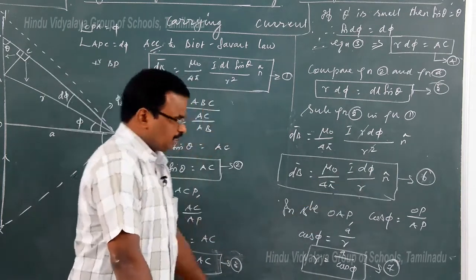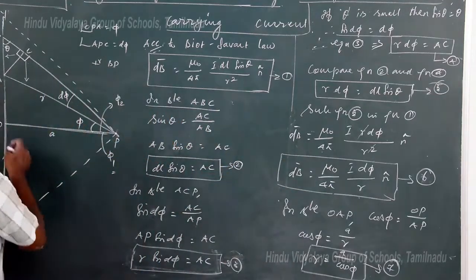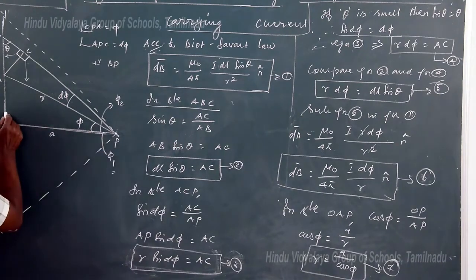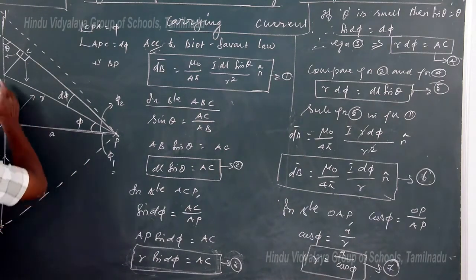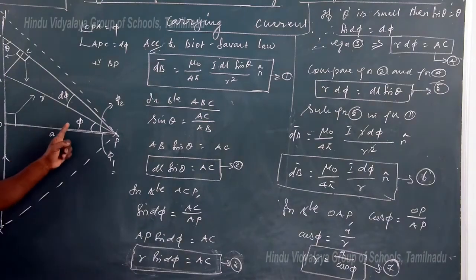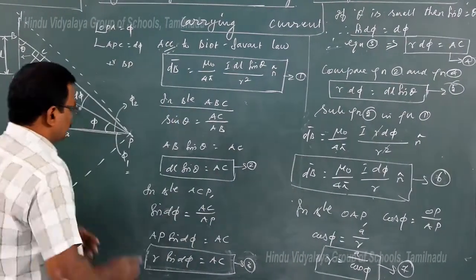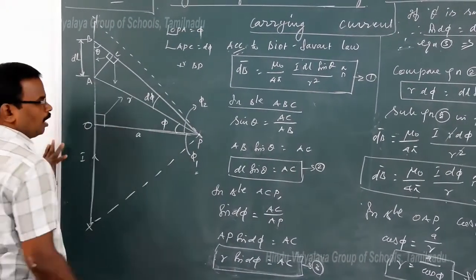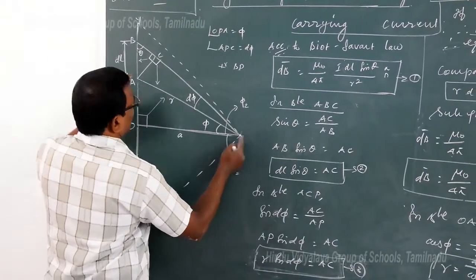In equation number 6, we have to substitute the r value. For that, we consider another triangle, OAP, a right angle triangle. Opposite the right angle is the hypotenuse. So in triangle OPA, cos phi is equal to adjacent side by hypotenuse, that is OP divided by AP.